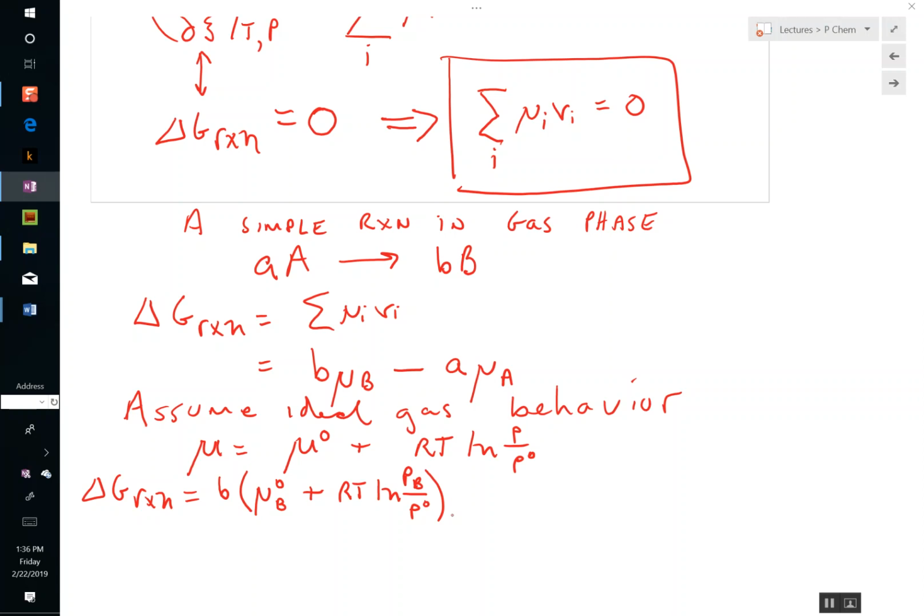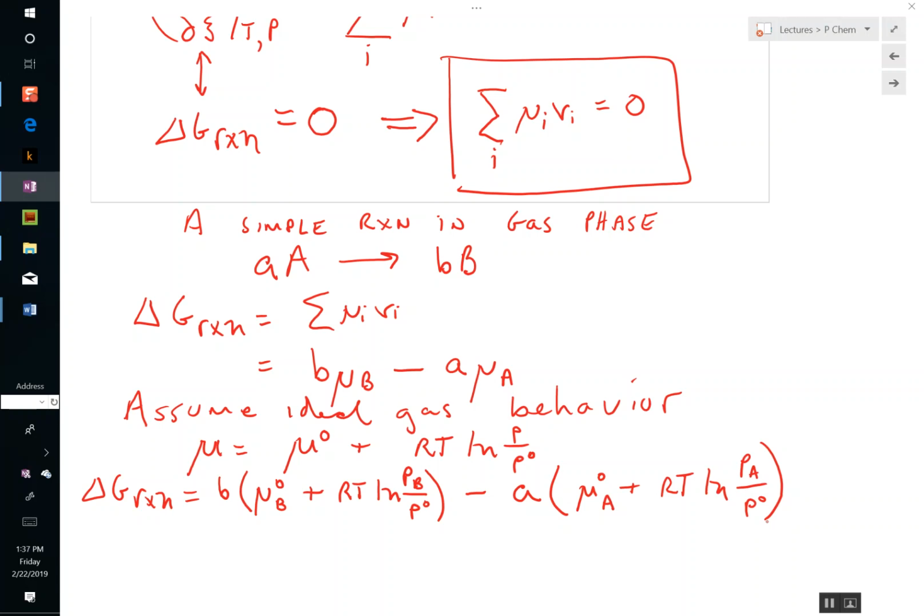So the overall chemical potential here is the chemical potential at standard conditions plus RT times the log of the pressure of B divided by standard pressure, 1 atmosphere, if we're in atmospheres, or 1.01 bars, etc. Okay, minus A times the same term for A. This is the chemical potential of anything, and we've got two things here: our product minus our reactant.